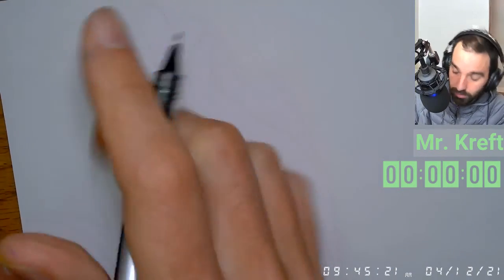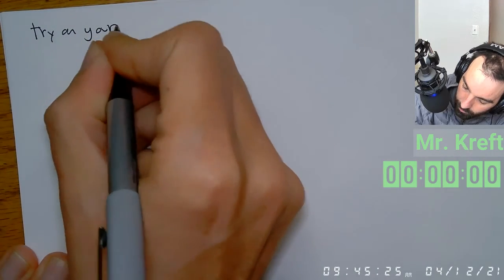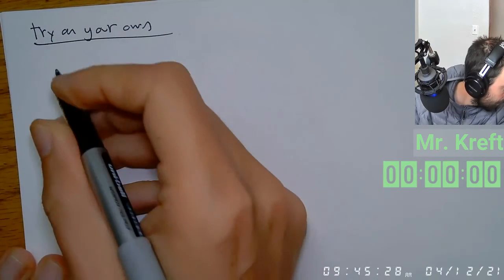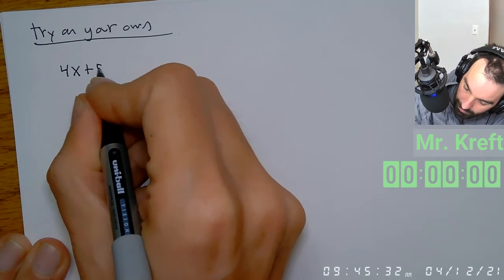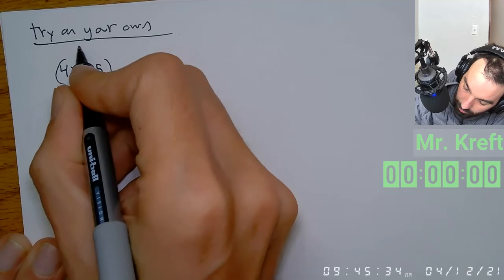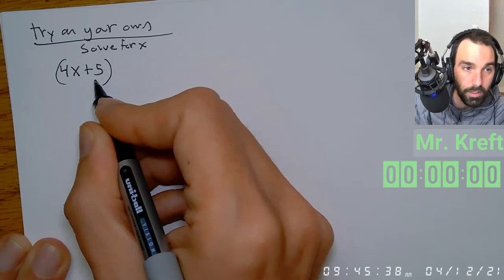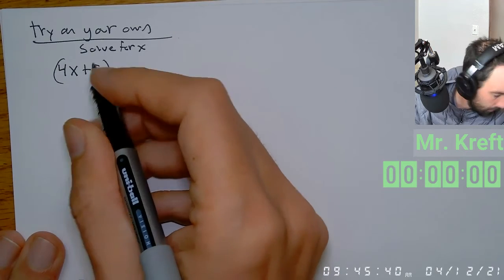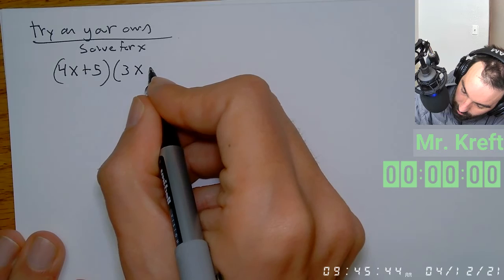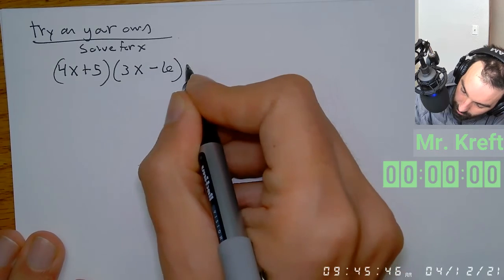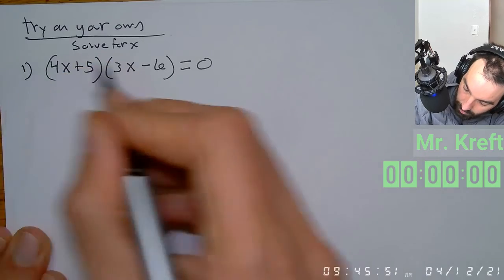Okay, so these are some try on your own. Let's see here. I'm going to have 4x plus 5 times 3x minus 6, and we're going to solve for x. So there's your first one.